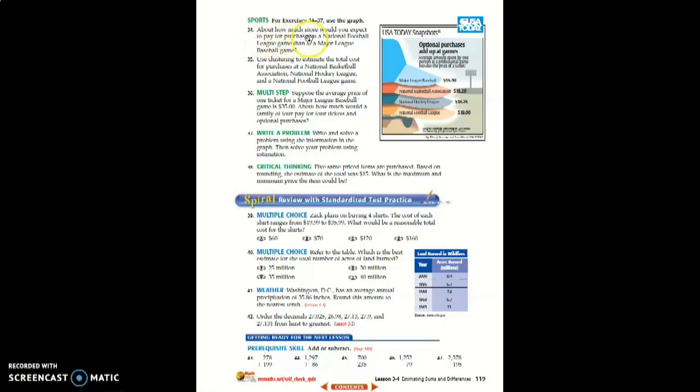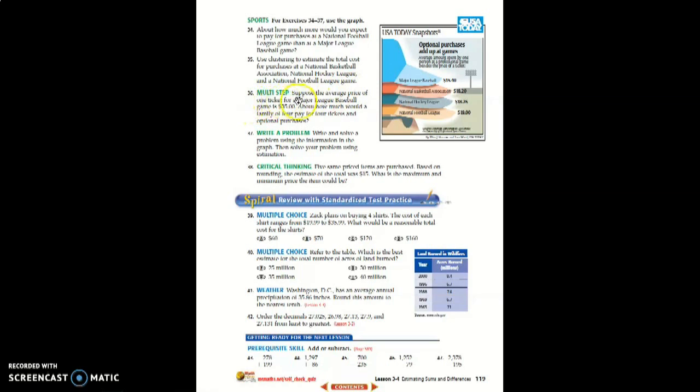About how much more would you expect to pay to purchase a National Football League game than a Major League Baseball game? 35. Use clustering to estimate the total cost for purchases at a National Basketball Association, National Hockey League, and a National Football League game.